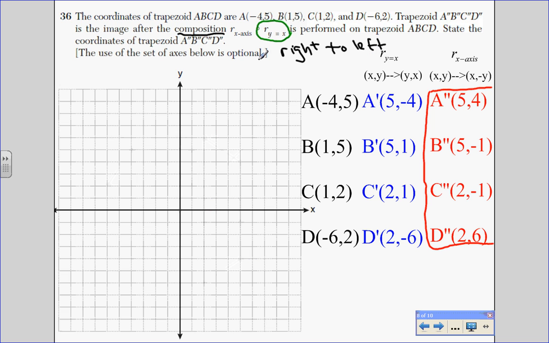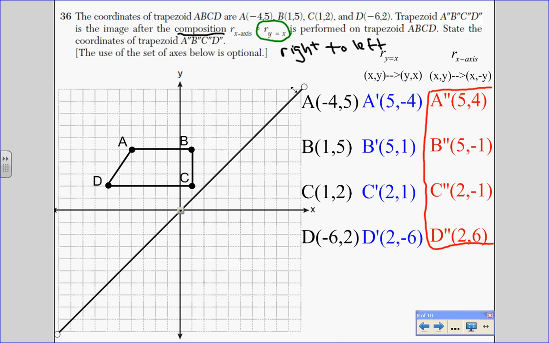For this particular question, you were not required to graph any of the images. That's why it says the use of the set of axes below is optional. But if you get paranoid and you want to graph it anyway to make sure everything you did is right, it would have to look like this. This would be the original figure, and you're reflecting it across the line y = x.